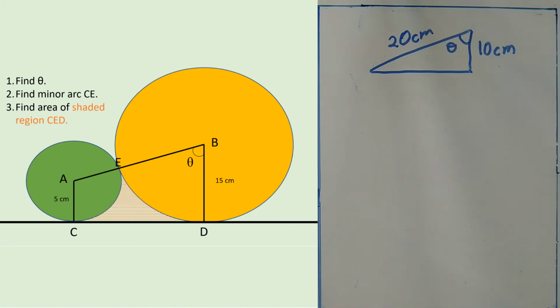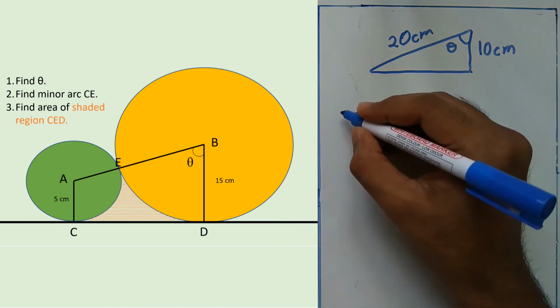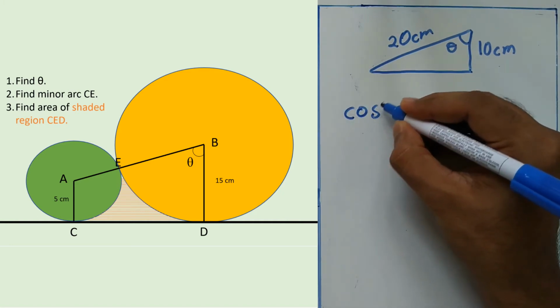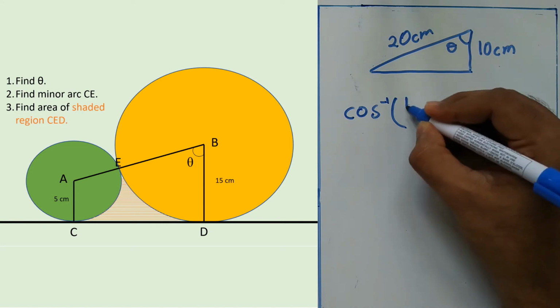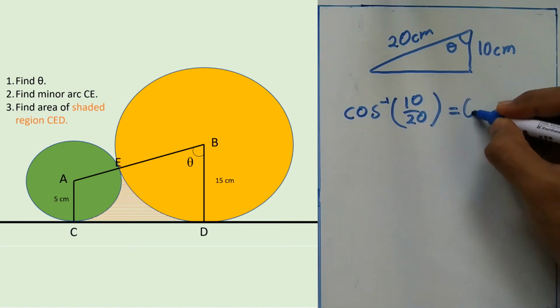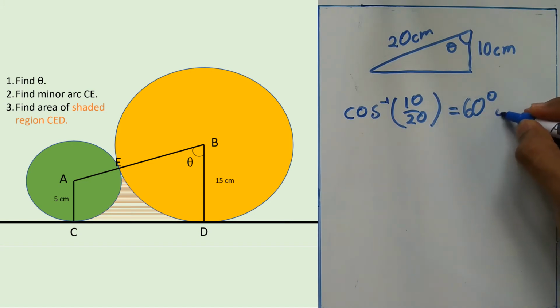Then we use the inverse cosine rule to solve for theta, which is 60 degrees, or pi over 3 radians.